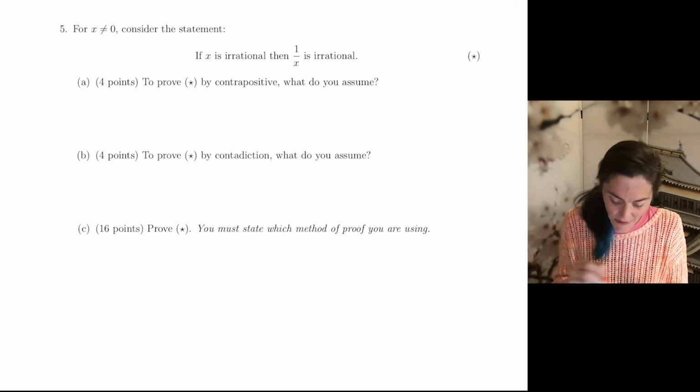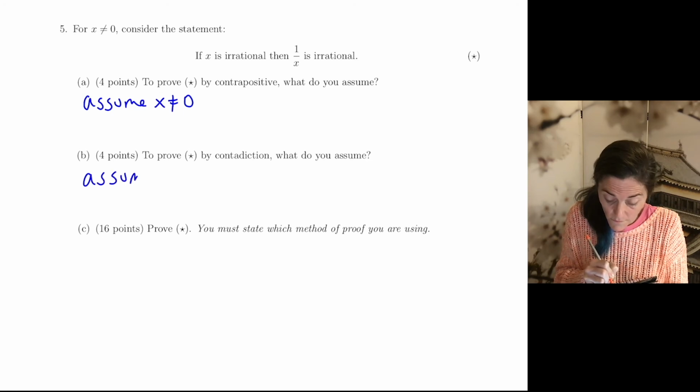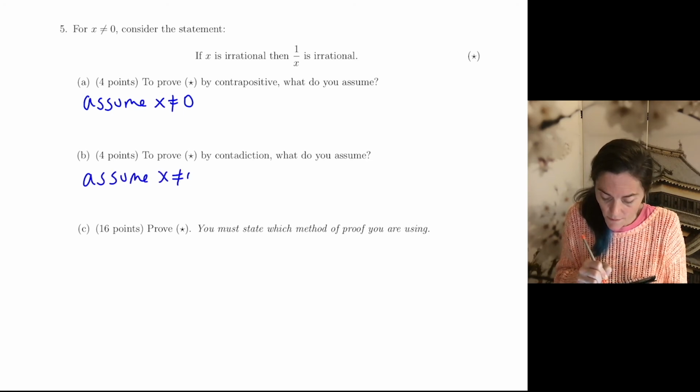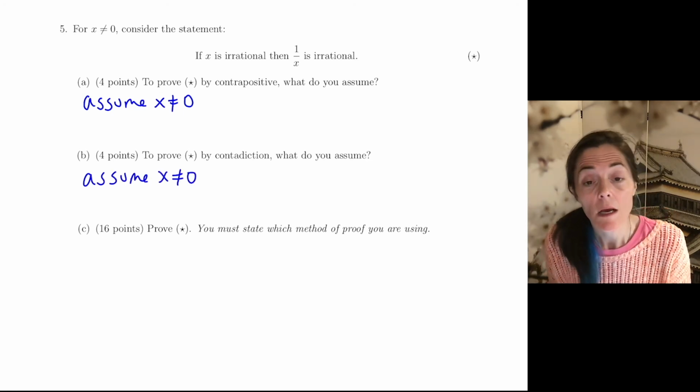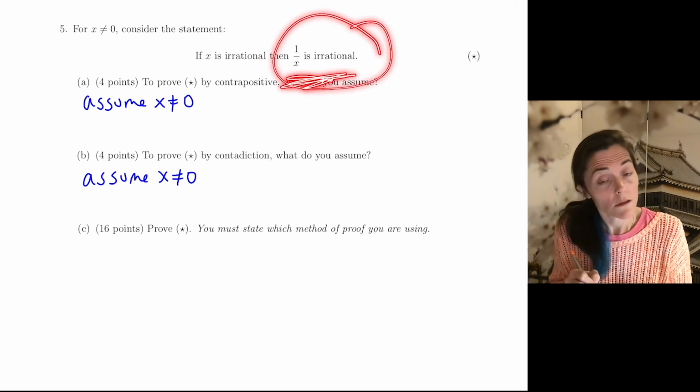Okay, in both of these, we are working under the assumption that x is not equal to 0. That does not change in any of this. But in a contrapositive, we assume not this one.